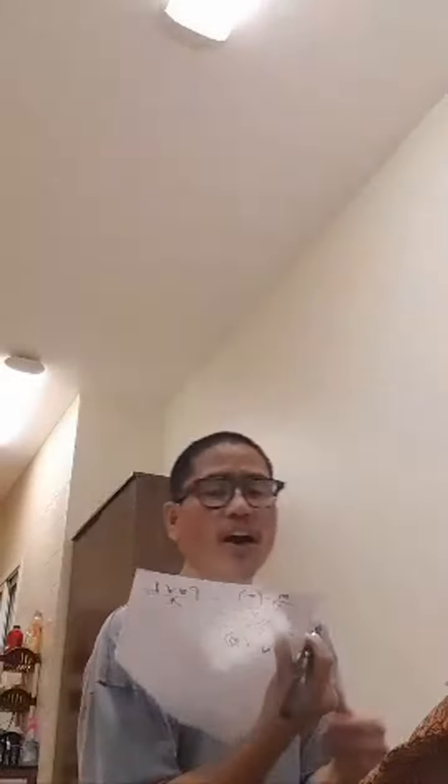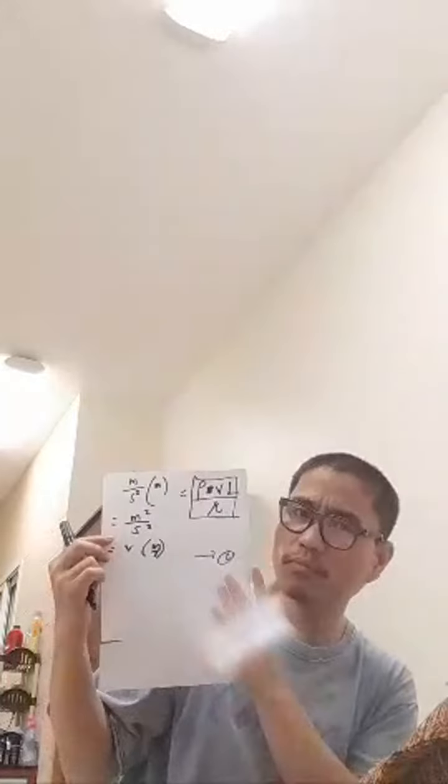So the formula of Reynolds number, this is option 2. Density times velocity times the length over the mu. Right? Tama ba siya? Take note.